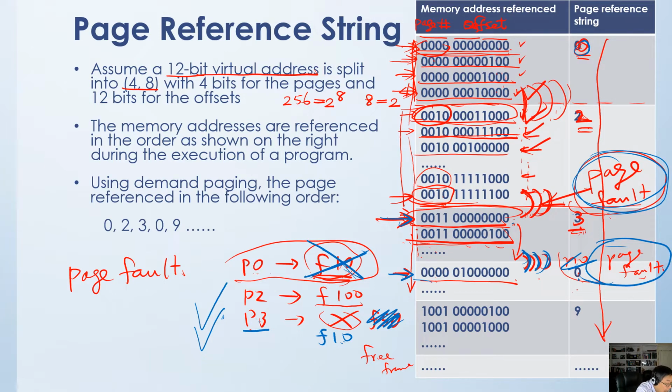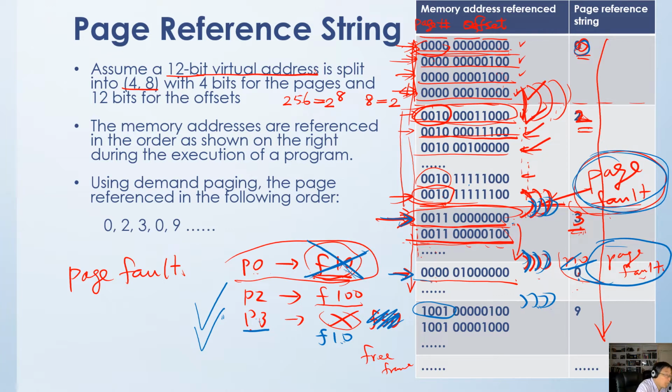So we may or may not trigger a page fault. If we are lucky, the page is still in the physical memory, then we can just refer to it using the page table. So page fault only happens when you actually jump from one page to another.